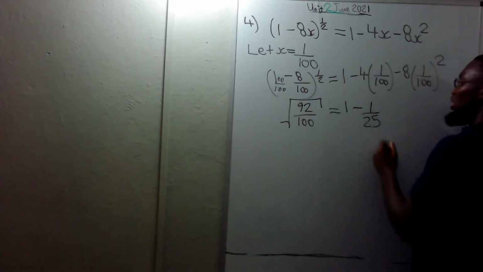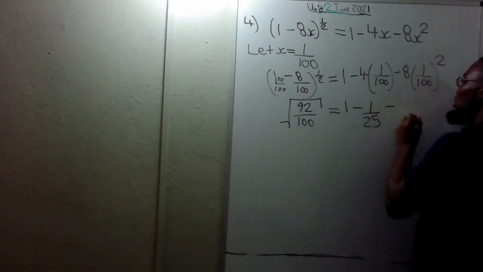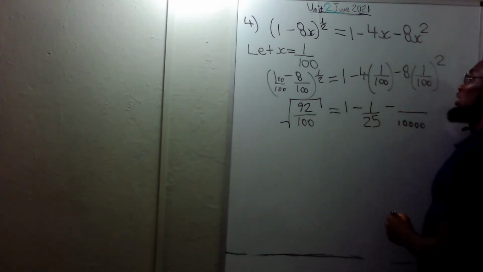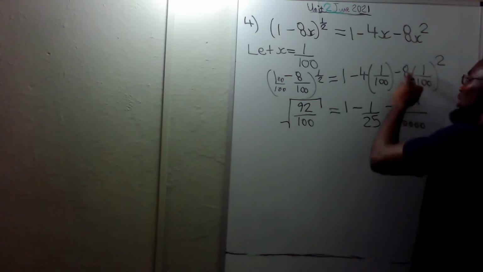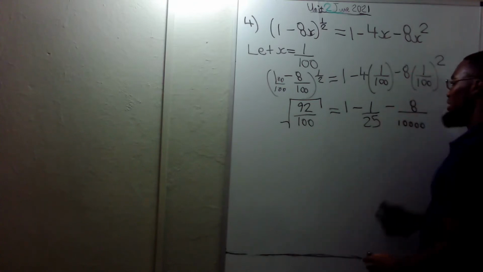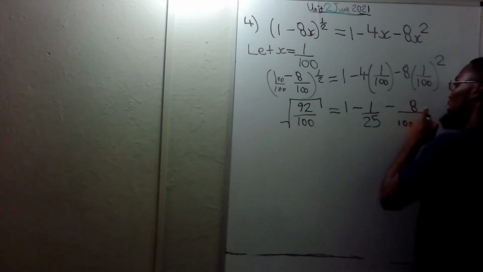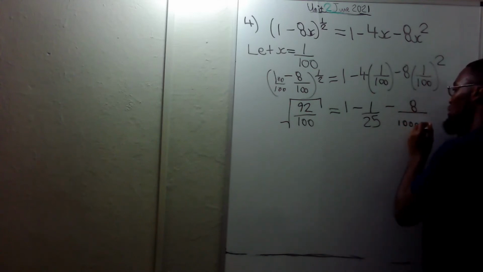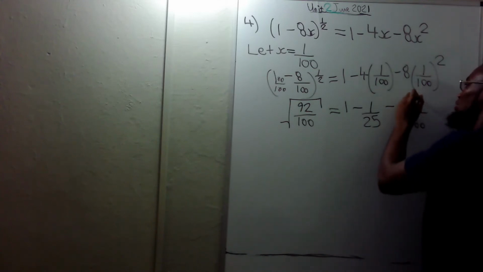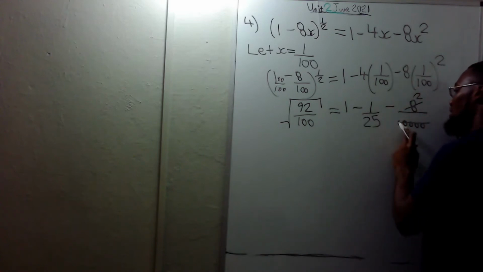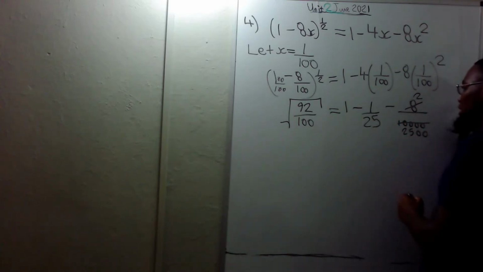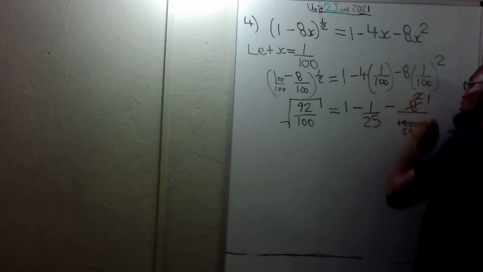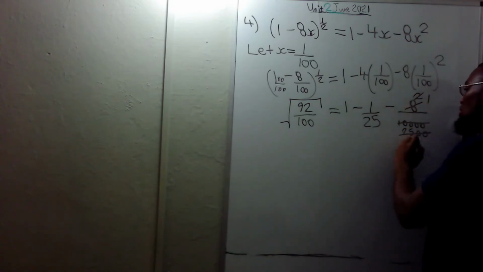Then 100 squared is 100 times 100, which is 10,000, and 1 times 8 is 8. Now simplify by dividing through by 4: 4 into 10 is 2 remainder 2, that's 500, and this can simplify some more.